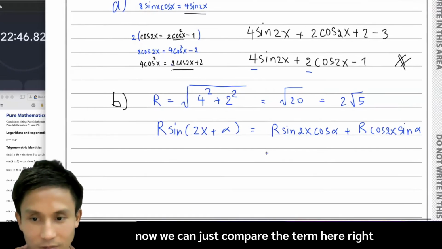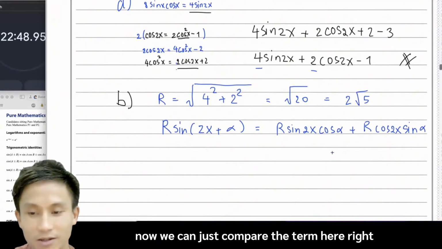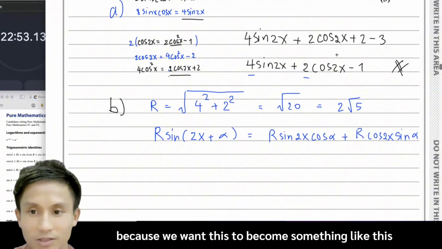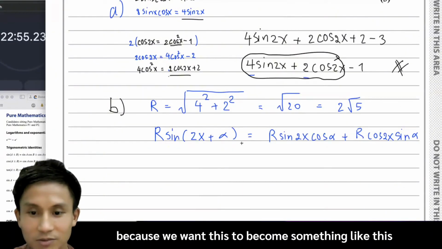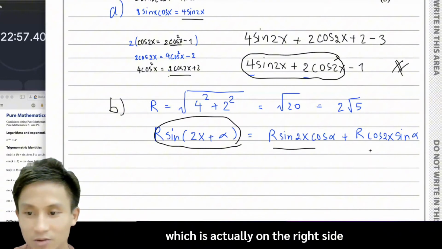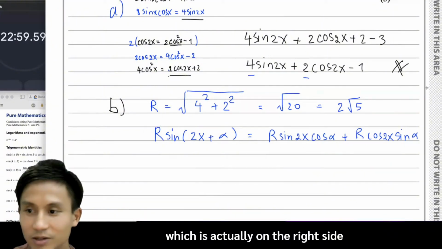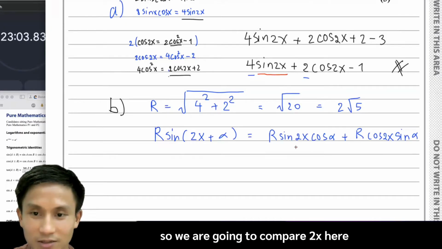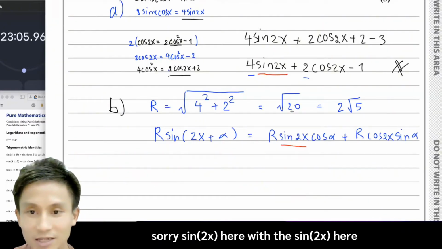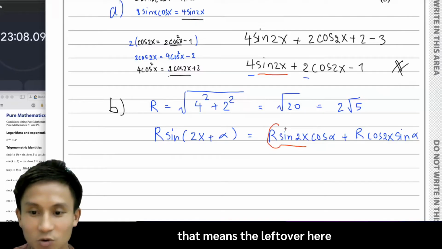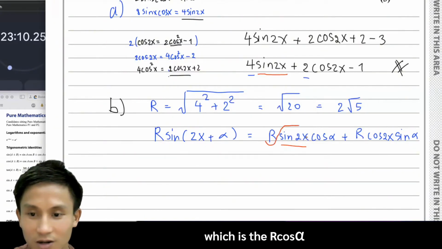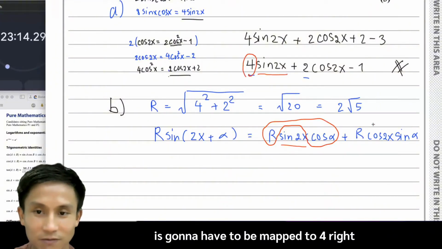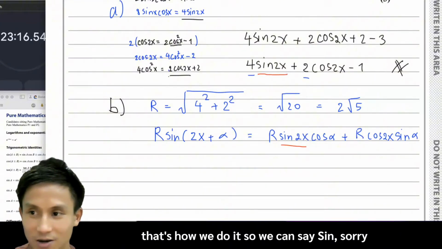Now, we can compare the terms. We want this to become something like what is on the right side. Because we already have something similar here, we compare sine 2x here with the sine 2x here. That means the leftover, which is the R cos alpha, has to be mapped to 4. That's how we do it.